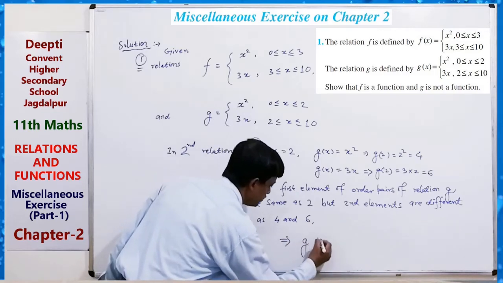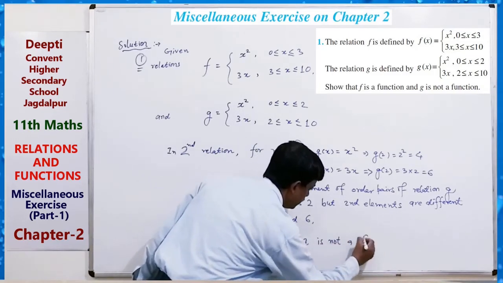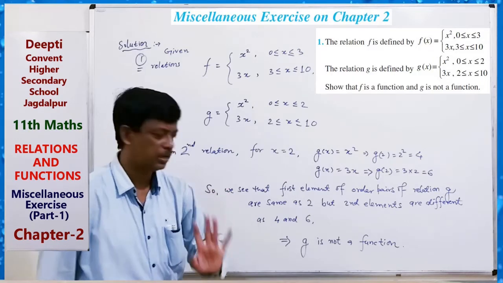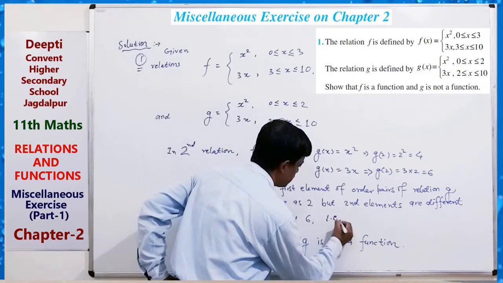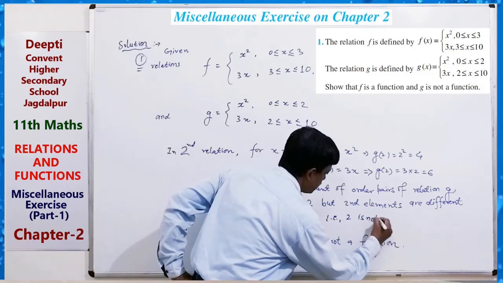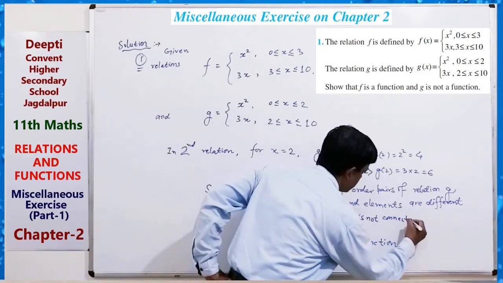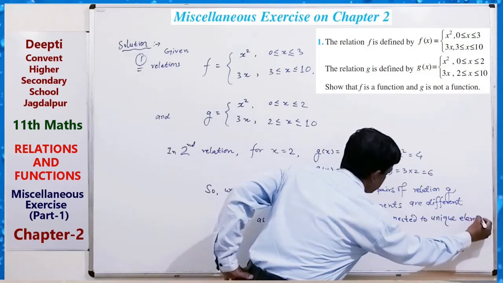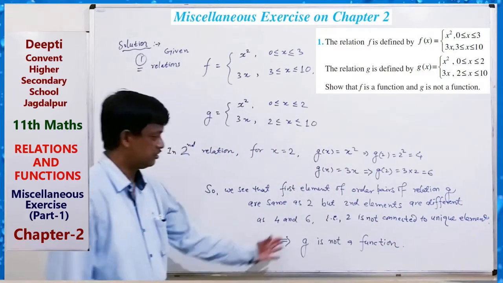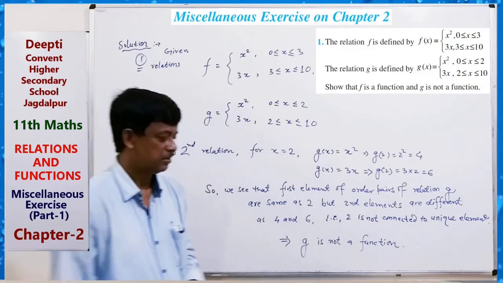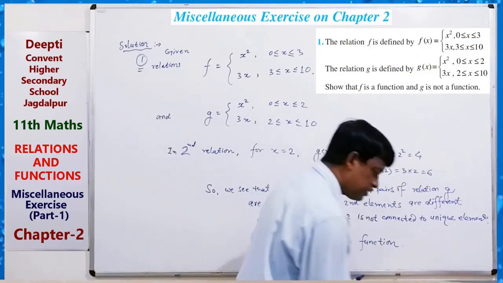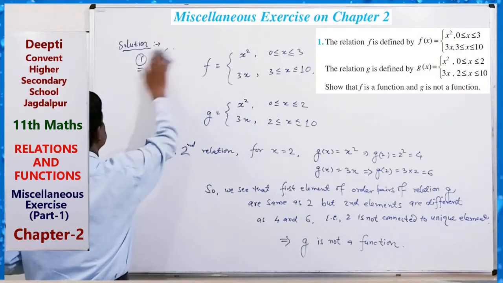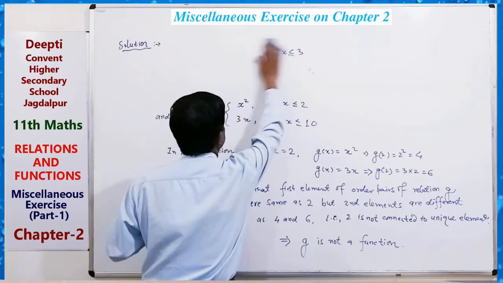This implies G is not a function, that is, 2 is not connected to a unique element. Okay, so G is not a function. So this was the proof that F is a function and G is not a function. Clear? Then, this was the solution of question first of the miscellaneous exercise.